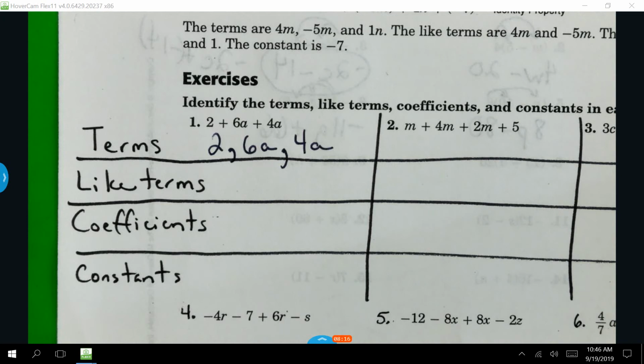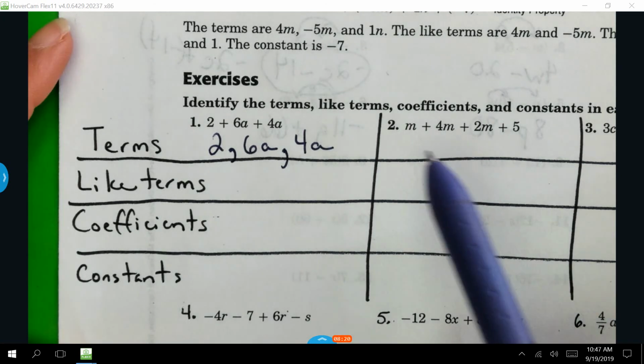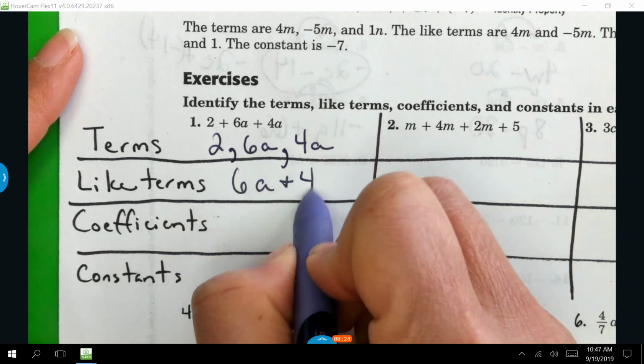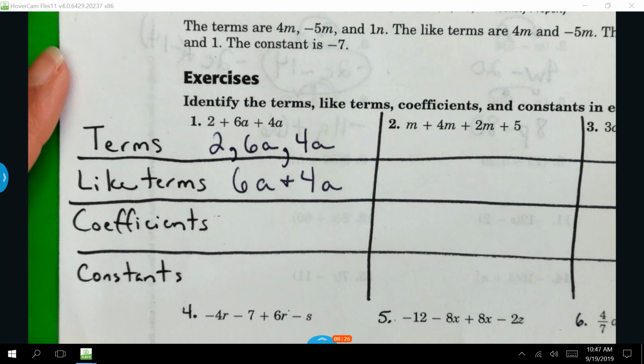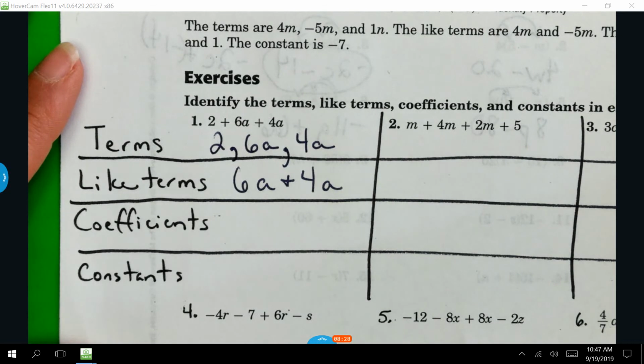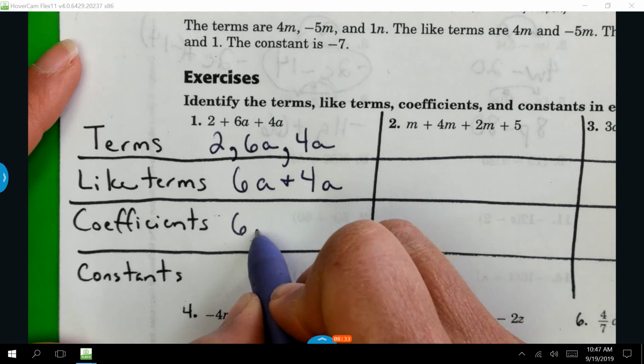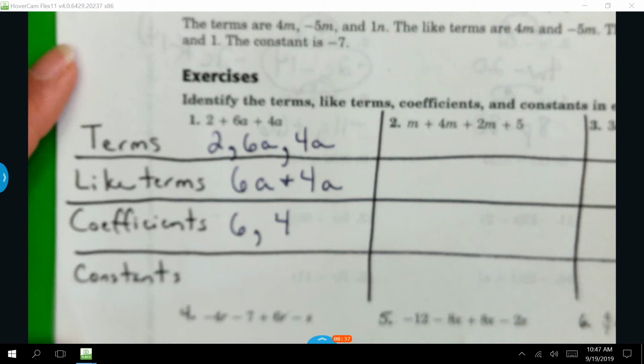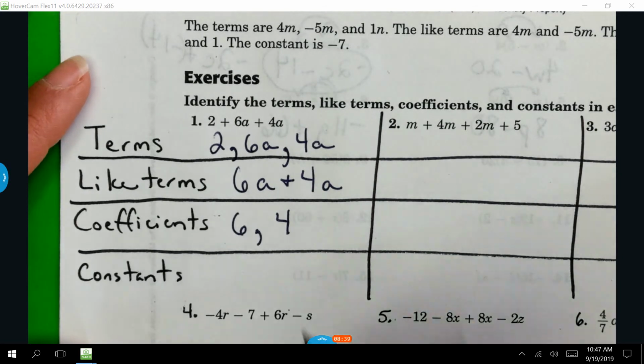Well, it could be more than 2. It could be 3 or 4. So what could we put together here? 6a and 4a. The coefficient is the number that's in front of the variable. So we have 6 and 4 because that's what's in front of each a. And what is our constant? 2.